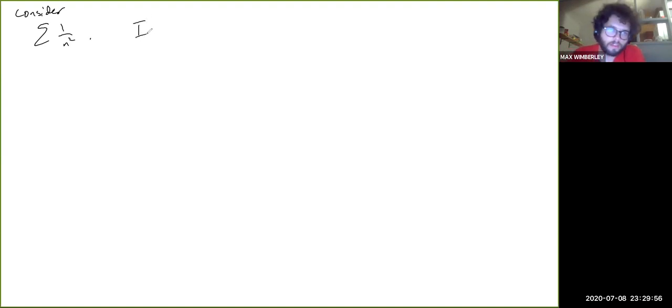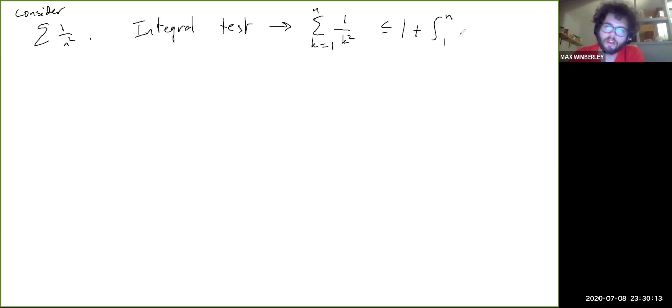The integral test showed us that the sum from k equals 1 to n of 1 over k squared is less than or equal to 1 plus the integral from 1 to n of 1 over x squared dx, which equals 2 minus 1 over n, okay?